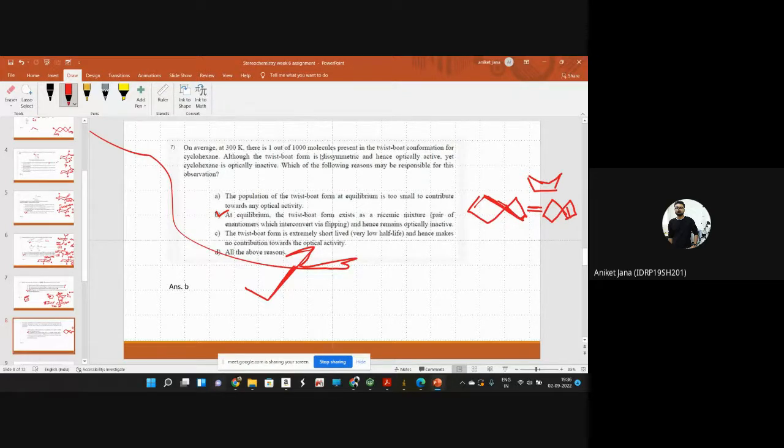Though they are dissymmetric, the optical rotation of one molecule is cancelling out the optical rotation of the other one. By flipping through the conformations, one is converted to the other. So it is a racemic mixture, and it is optically inactive overall. So the correct option is option D.